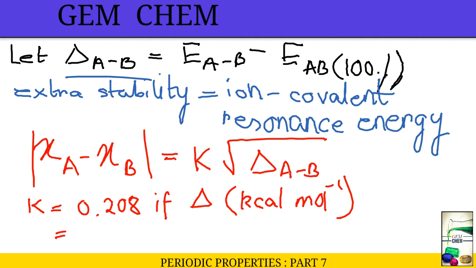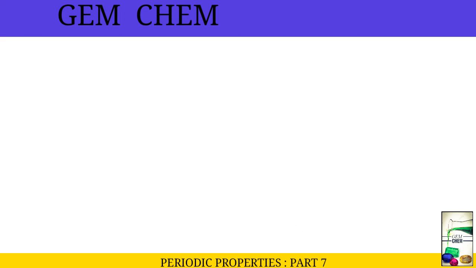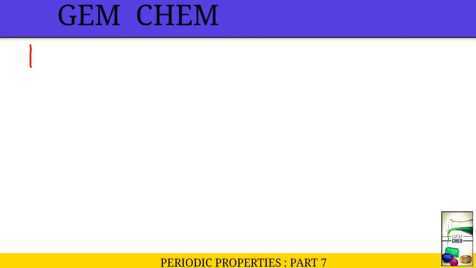And this value of K is equal to 0.1018 if the value of delta is taken in kilojoule per mole, and the last factor, this value of K, is taken as 1 if it is calculated in electron volt.